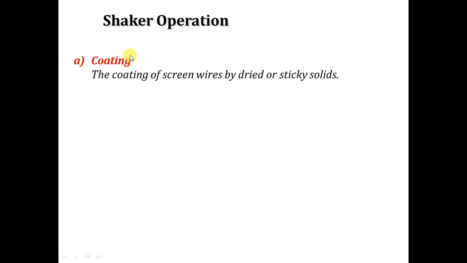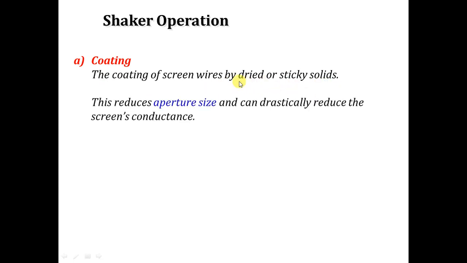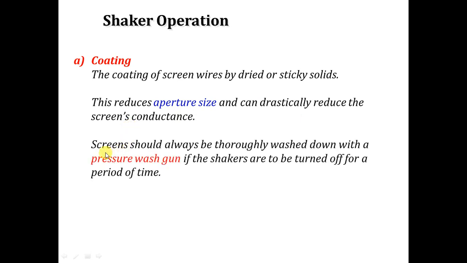Number two, coating. What is the meaning of coating? The coating of the screen wires by dried or sticky solids can happen. When you are drilling sticky solids, you will see a lot of coating happen. This reduces the aperture sizes and can drastically reduce the screen's conductance.